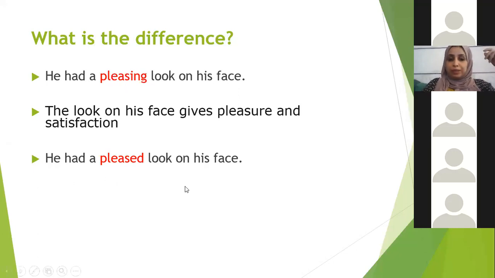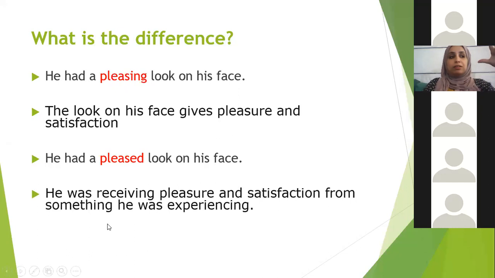Now, he had a pleased look on his face means that he received something, maybe information, or he's experiencing something that is making him feel satisfied. So this is the difference. Again, pleasing here describes his look, so when you look at this person, his look gives you pleasure. And pleased in the second one means that this person himself is experiencing something that is making him satisfied.